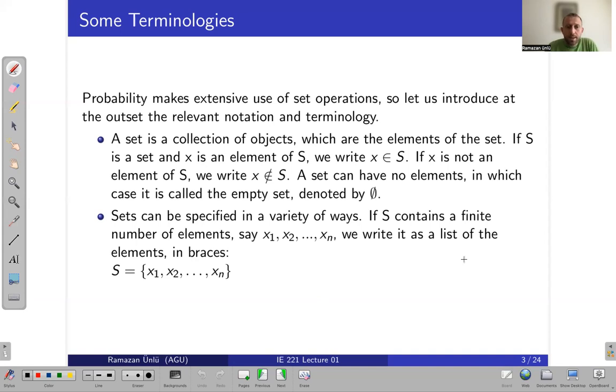When I say a set, you need to think about a collection of objects, and these objects are the elements of the set.